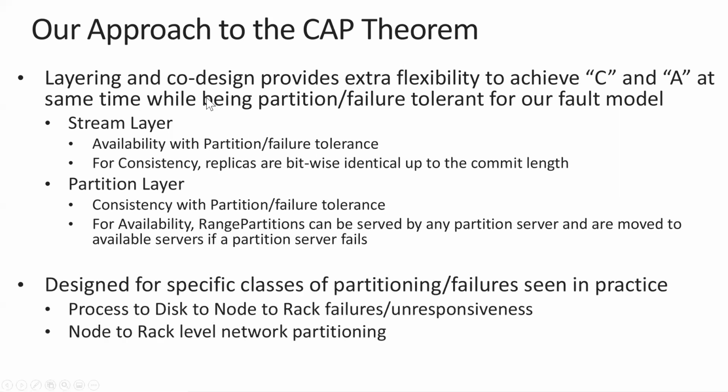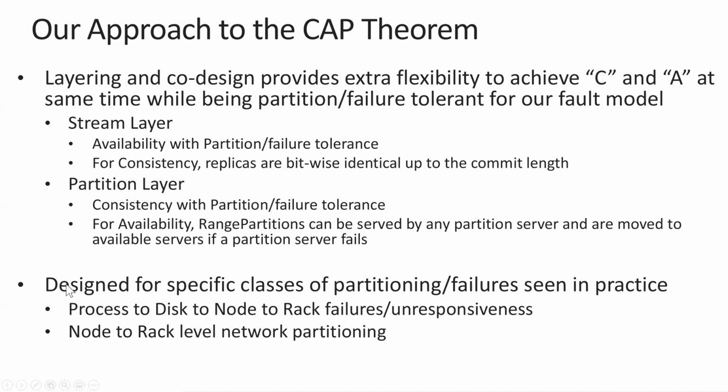And we have discussed in the previous slides how this strong consistency and availability was maintained by the system. Availability was maintained in the stream layer by always creating a new extent node as soon as an extent node is unresponsive. And for consistency, the replicas that are created are bitwise identical up to that commit length, right?